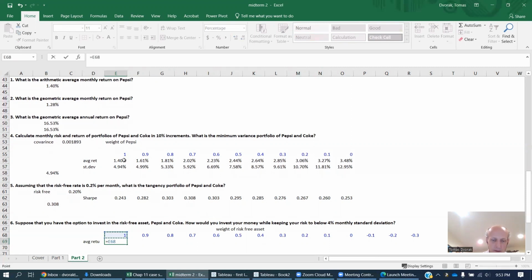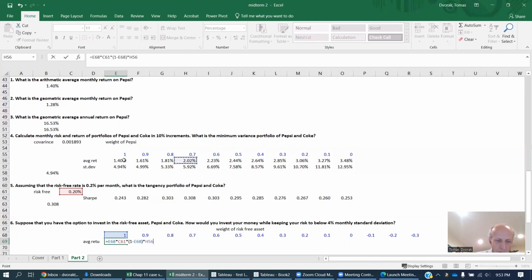So it's going to be weight on the risk-free times the risk-free rate plus 1 minus the weight on risk-free times the return on the tangency, which is 2.02.